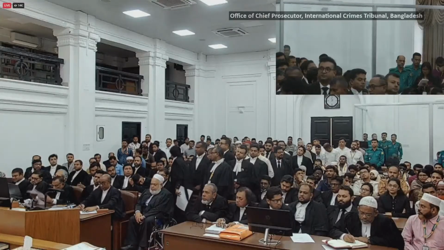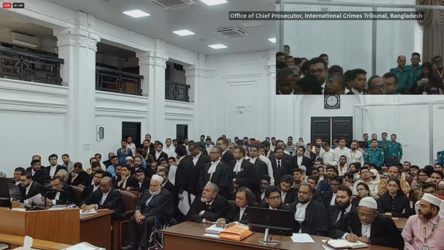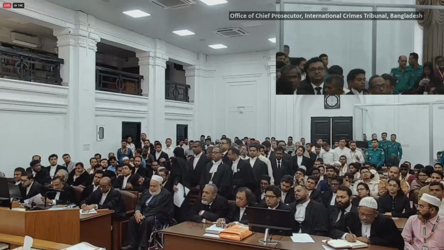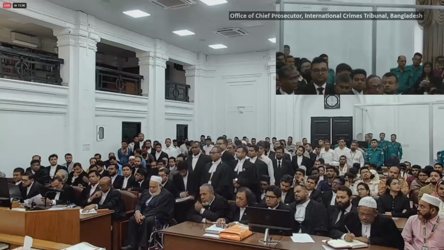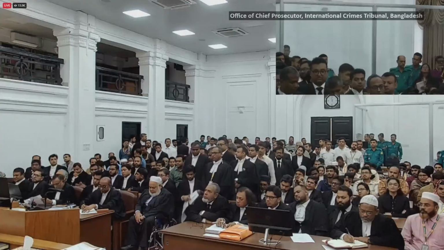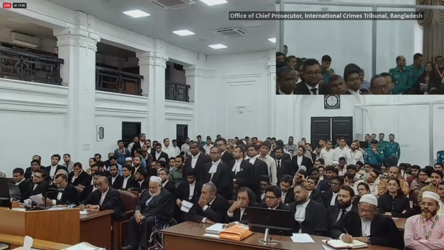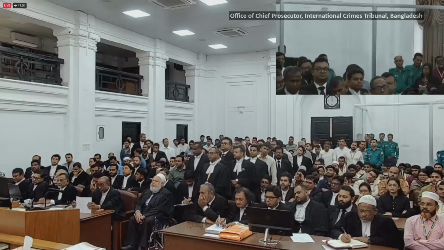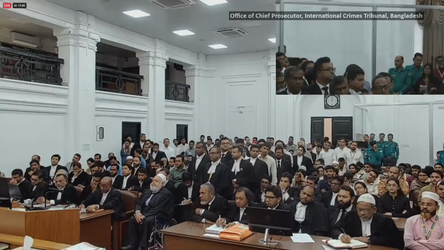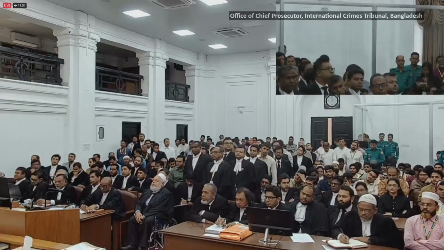Incitement and order to attack and kill protesting students of Dhaka University and other academic institutions of the country, and also failure to take preventive and punitive measures, and thus killing hundreds and severely injuring thousands of protesters during the July uprising 2024, commencing on 1st July 2024 and ending on 5th August 2024.